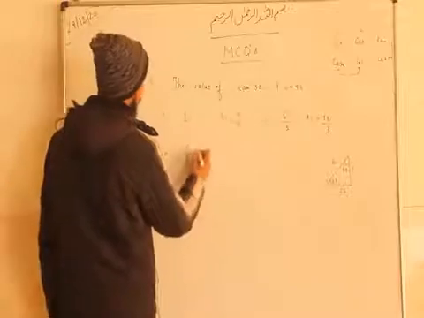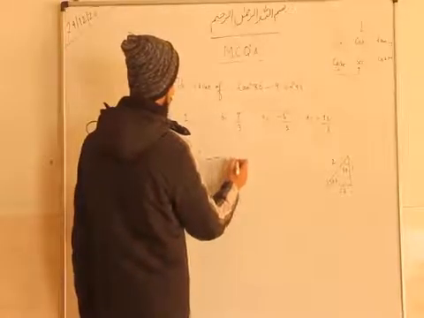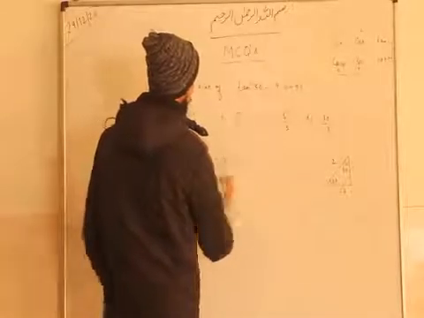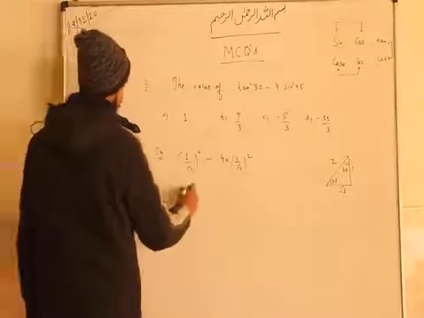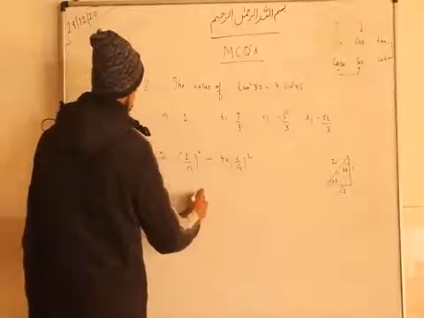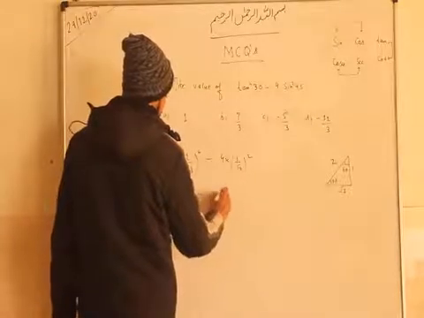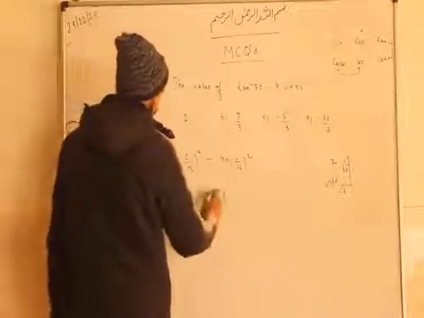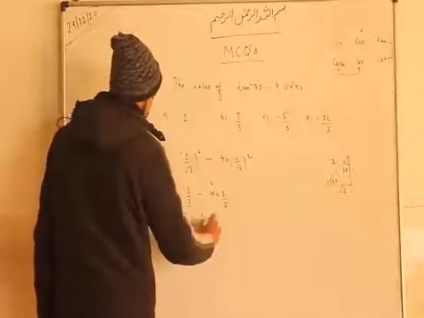1 by root 3 whole square minus 4 times sin 45, which is 1 by root 2, whole square. So this will be 1 by 3 minus 4 into 1 by 2, since root 2 square is 2. 2 2s are 4. So 1 by 3 minus 2.